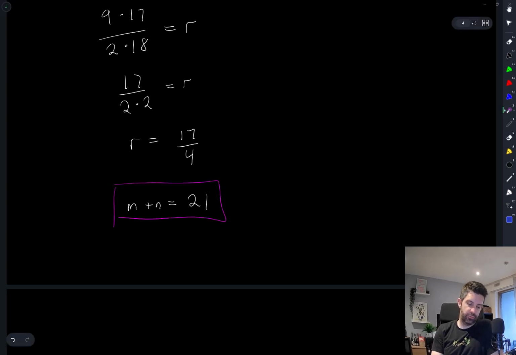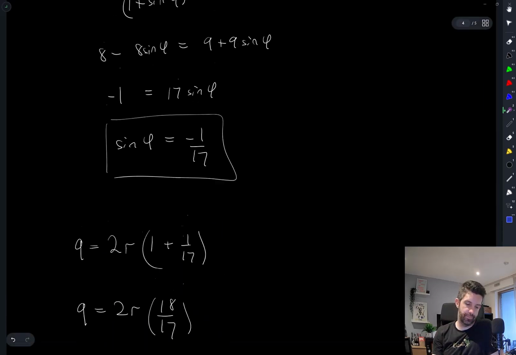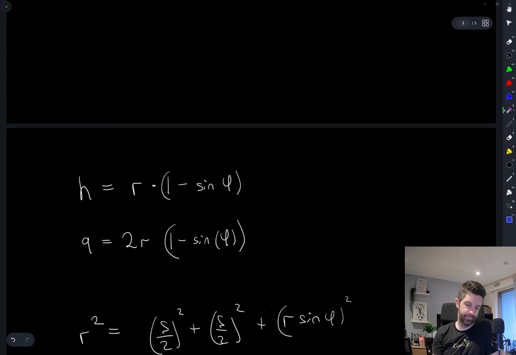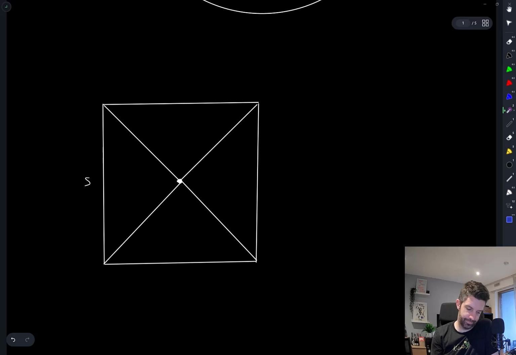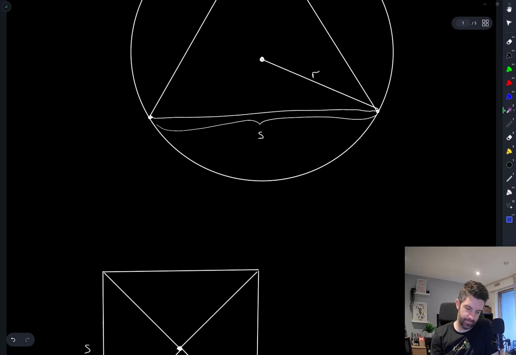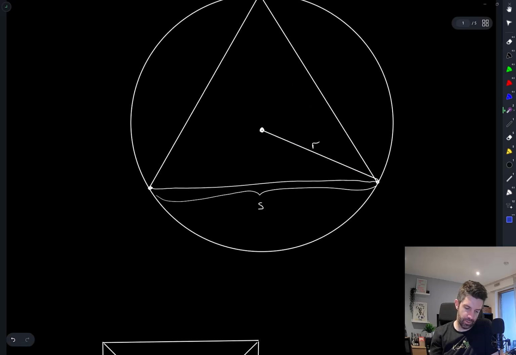So if the radius is 17 over 4, that's a bit larger than 4.